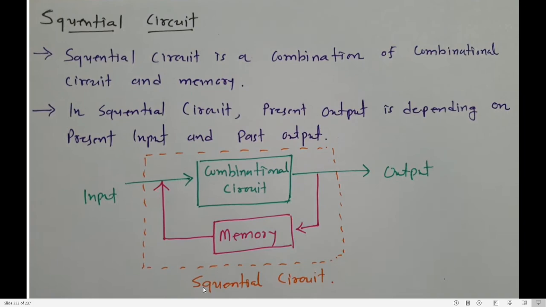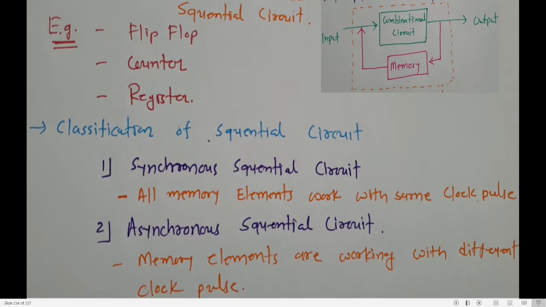Okay, so this is a sequential circuit. Now the data which has come as feedback is coming via what? Memory. So what is the kind of memory we are going to use? We can use flip-flops or latches in a sequential circuit as a memory element.